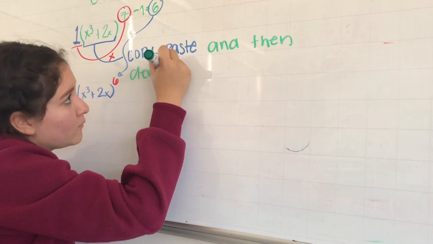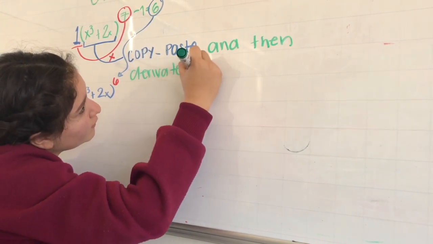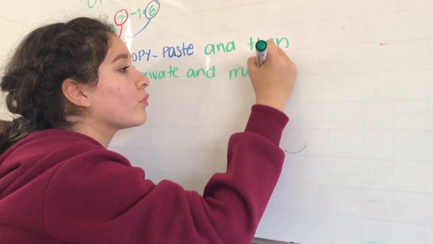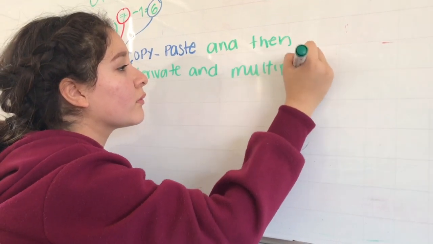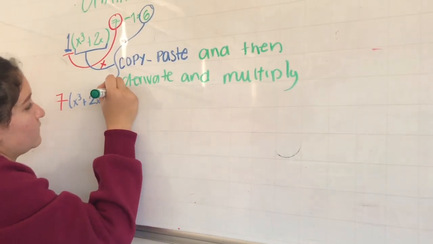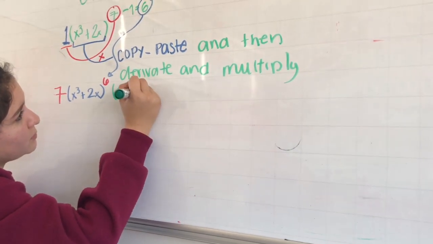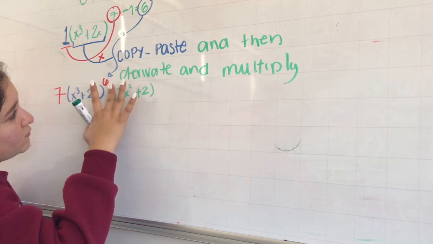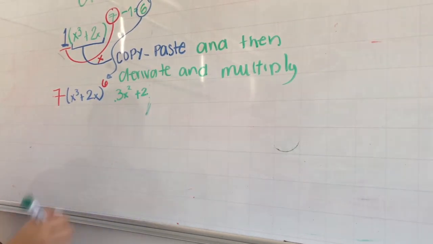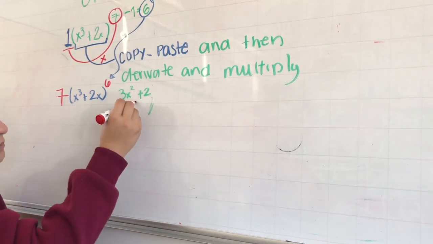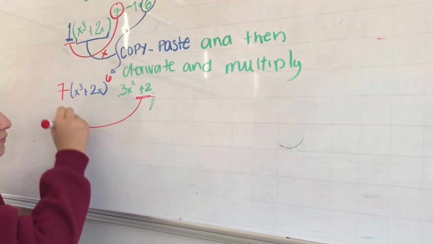But then you take what's inside and multiply it times the function, already derived. So here you take x third plus 2x and derive it. 3 times 1, 3x. 3 minus 1, 2.